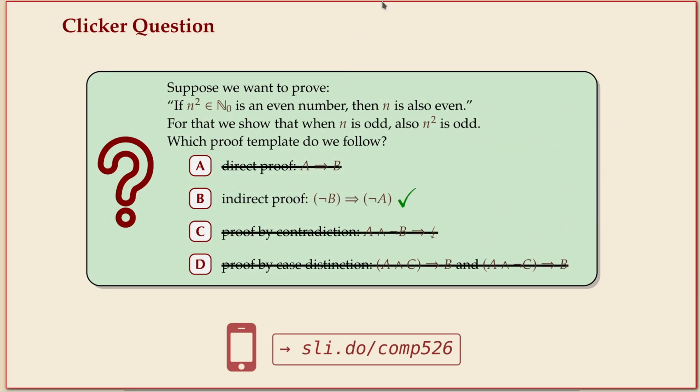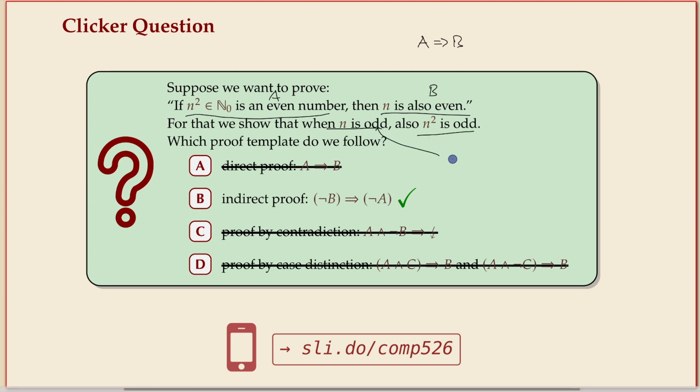So this is an example of an indirect proof. Why? Well, the original statement was, again, an if-then thing. We have two statements, A and B, and we tried to prove A implies B. But what we actually did is we showed that if n is odd, then n squared is odd.